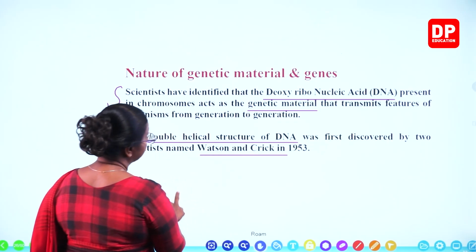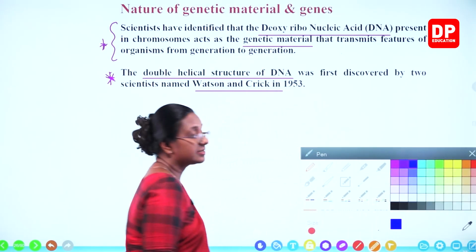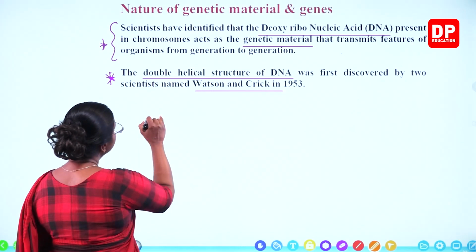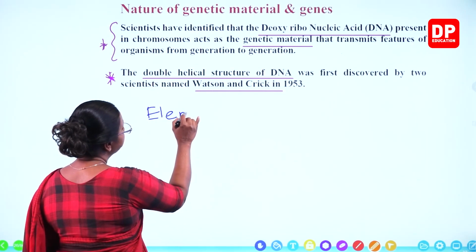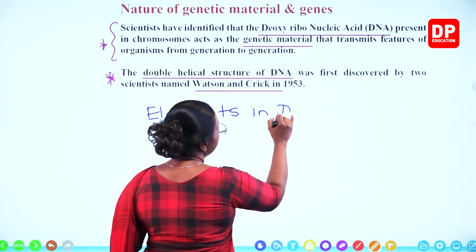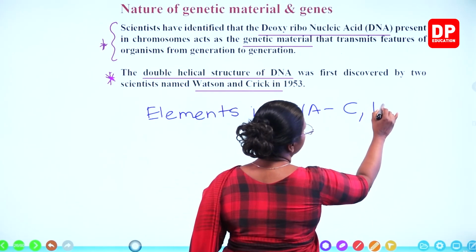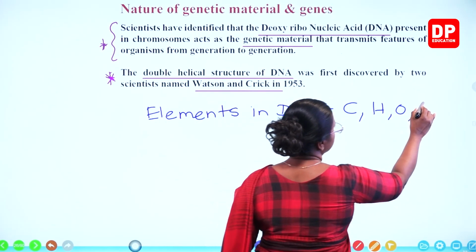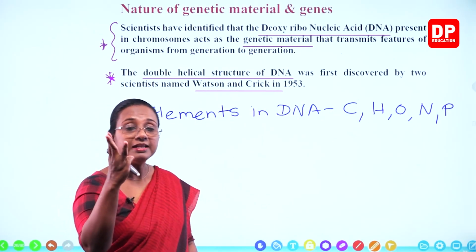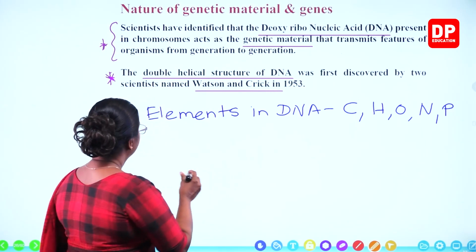Now if you remember, we discussed this when we discussed biomolecules. What are the elements that make up DNA? Carbon, hydrogen, oxygen, nitrogen and phosphorus. And there are three components. What are those components?